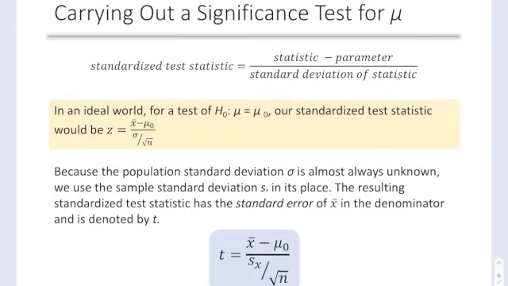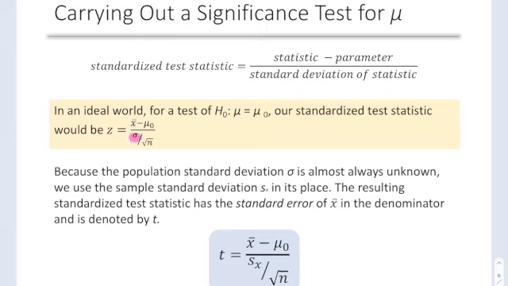So we have the standardized test statistic is equal to the statistic minus the parameter divided by the standard deviation of the statistic. Now remember, in a hypothesis test, we're assuming that the null hypothesis is true, so we're using the claim value to be the parameter value. Now, in an ideal world, we would be using sigma.